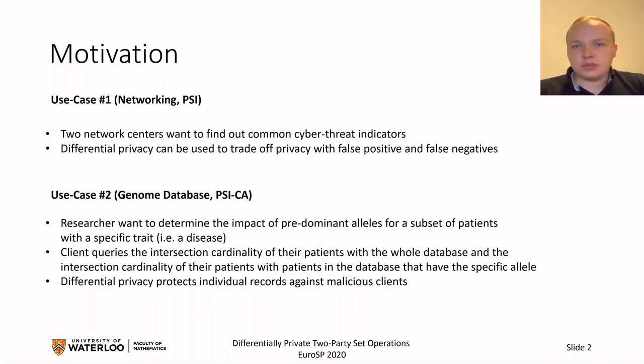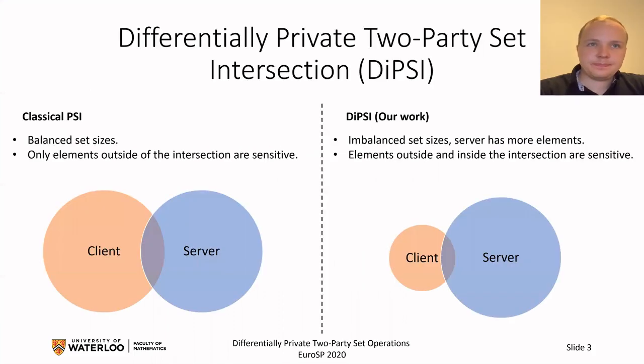The client, or the researcher, would query the set intersection cardinality of their set with a remote set, with all elements in the remote set that have this specific allele, and from the quotient they could identify the impact that this specific allele has for the trait. And differential privacy would also be interesting to apply on the set intersection to protect against malicious clients that want to find out more about individual records.